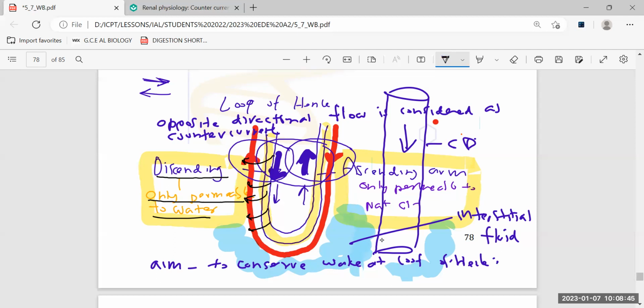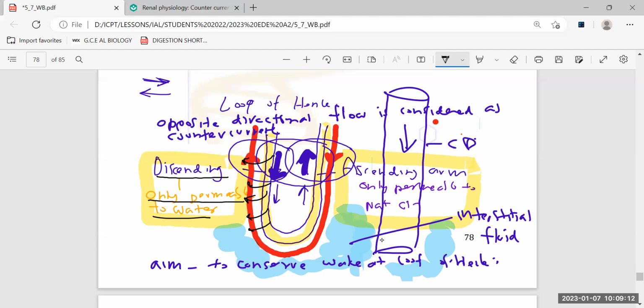I think we haven't completed this one, not sure. Okay, so water is going out from the filtrate. When the water is going out, the filtrate is concentrated. It's getting concentrated because when water is decreasing, more solute stays in the filtrate. So then it's getting very concentrated.